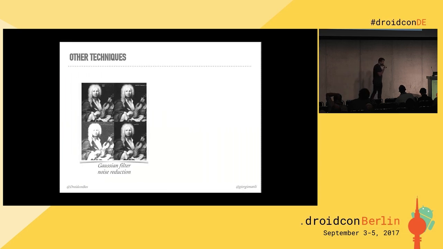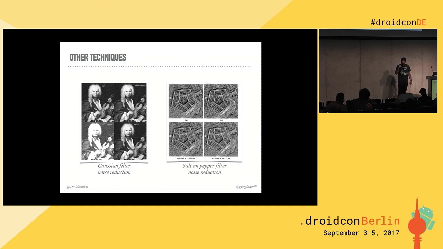There are other techniques, like the Gaussian filter or the salt and pepper filter. On these four images, we remove the digital noise by applying a filter that is destroying a little bit the image, because a Gaussian filter is a little bit destructive. But at the end of the day, we recognize the objects better.